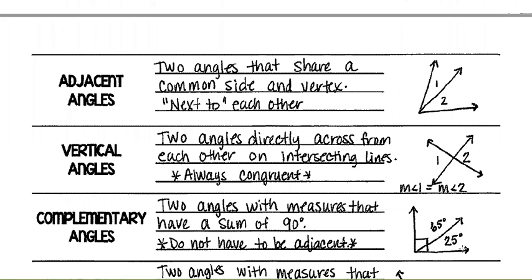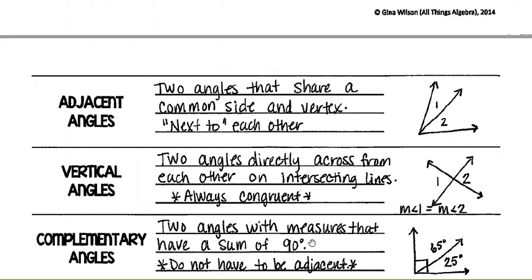So complementary angles, two angles with measures that have a sum of 90 degrees. They do not have to be adjacent. Okay, so here's the thing. Complementary, this word means it adds up to 90 degrees. So 65 plus 25 is 90 degrees.